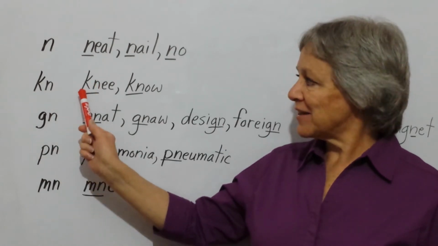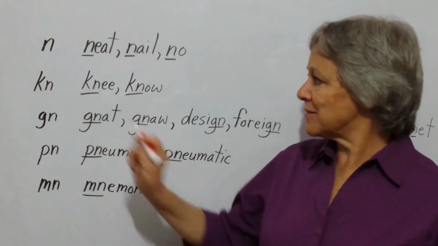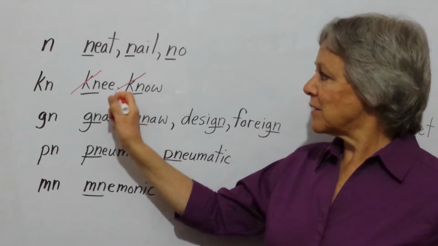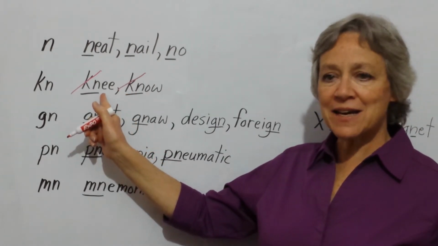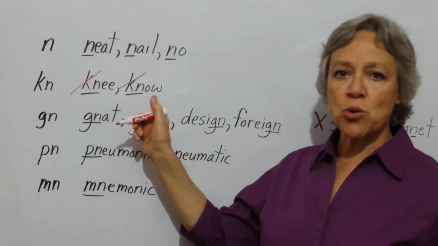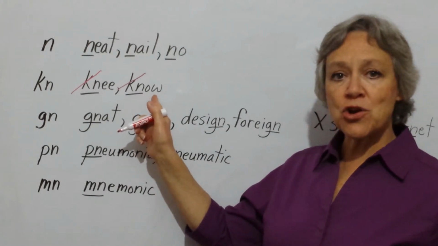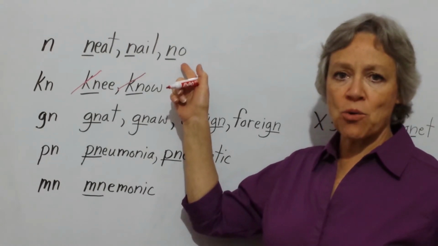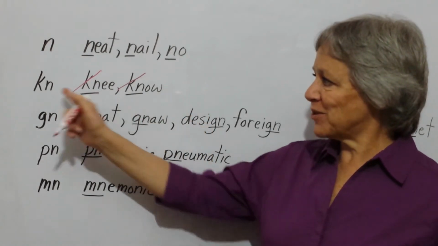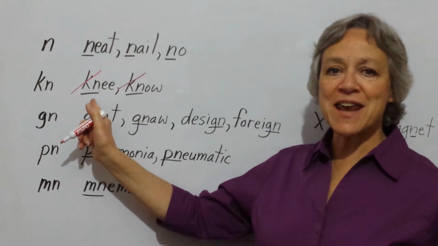In this case, the letter K is silent. So we just get the N. This is me, no. This word, no, sounds exactly like this word, no. Okay? So KN is N.